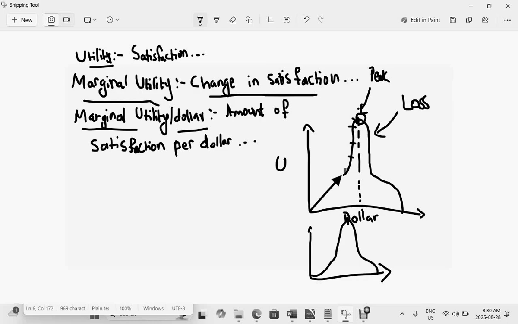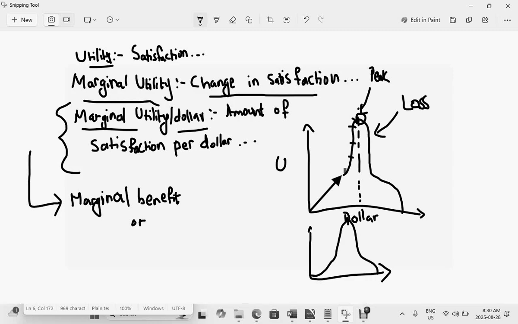Now, this is different than your marginal benefit. Marginal benefit has to do with actually spending money based on utility or satisfaction. So marginal benefit, or marginal benefit per dollar, MB per dollar, is different compared to your marginal utility per dollar.